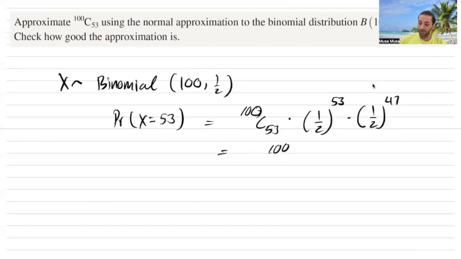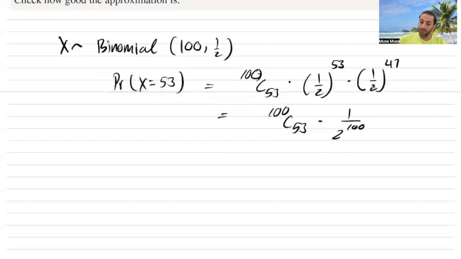That's 100 choose 53 times 1 over 2 to the 100, because those exponents add to 100 anyway. So we know this, but we just need to find a way to approximate this left-hand side. A good approximation is to make this between 52.5 and 53.5. That's like getting the entire rectangle from your histogram. The 53 is in the middle of the histogram, so you go half to the right and half to the left so that you can include the entire box.